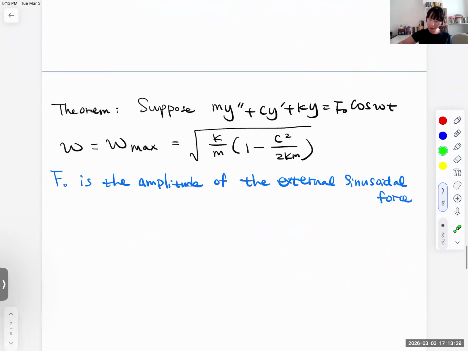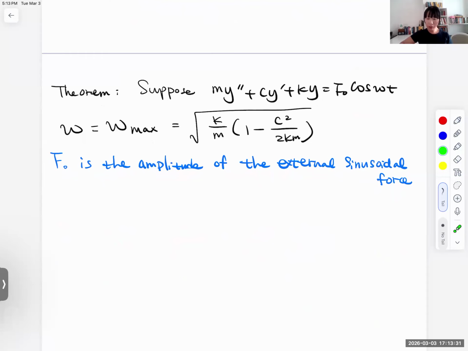All right, so we have a theorem. We have the equation here, second order linear, right? Then we have omega equal to omega sub max. For angular frequency, we want to find the maximum, so we have this formula. K and M come from the coefficients, M, C, K there, yeah?